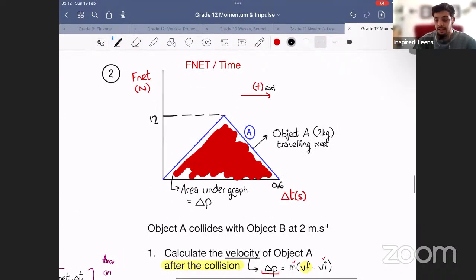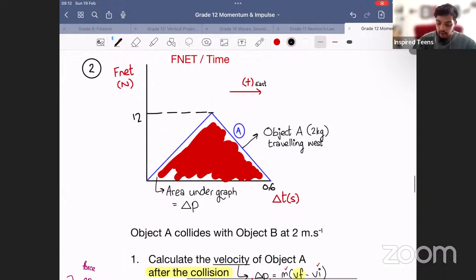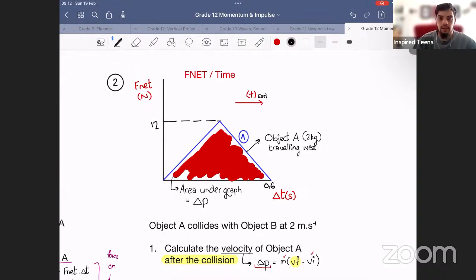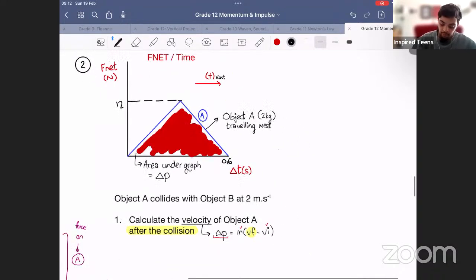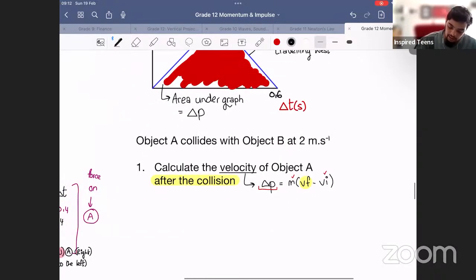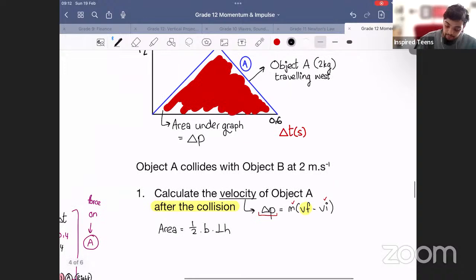You need to note that we deal with area in many different graphs. In net force versus time, the area under the graph gives us impulse. In this case, the area under the graph is a triangle, so its formula is half base times perpendicular height.